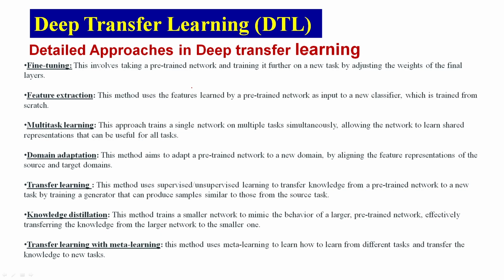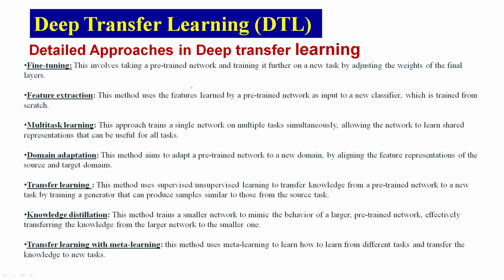So, as I talked about, pre-training and fine tuning. What is fine tuning? Fine tuning involves taking a pre-trained network and training it further on a new task by adjusting the weights of the final layers. Remember, deep learning is basically based on neural network models, right.